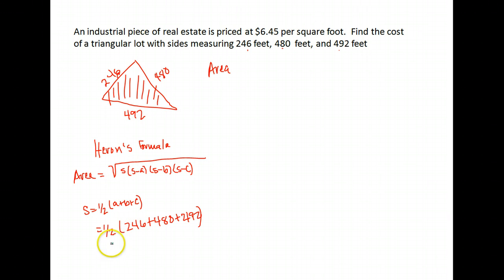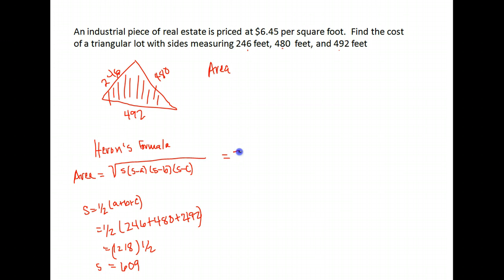That makes 1,218. I added those numbers together, then divided them by 2. I didn't leave room for my 1/2, I apologize. And I get 609. That's my S.